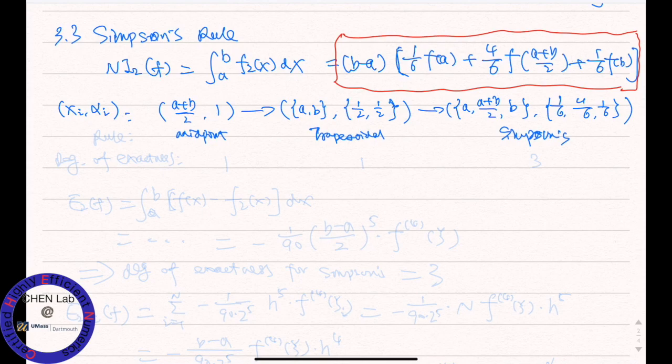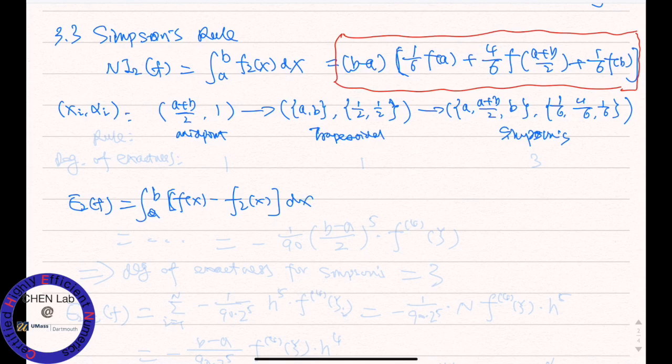By similar analysis, we can evaluate this error E2(f). This is just the integral of f(x) minus the integral of the interpolating polynomial f2(x) dx.